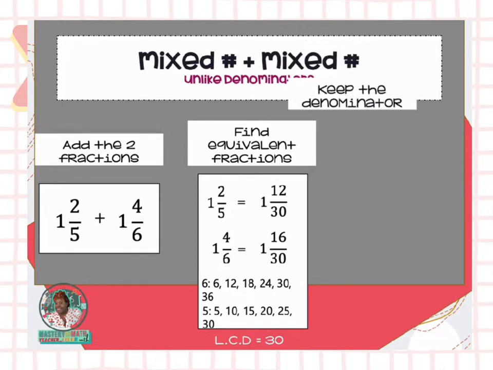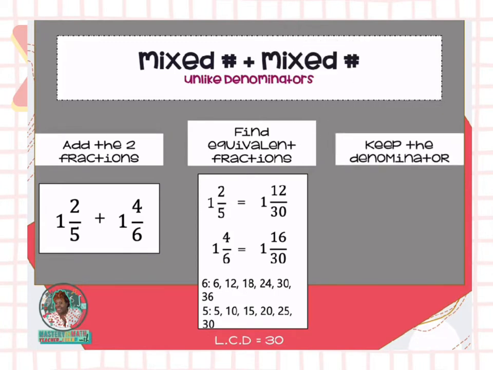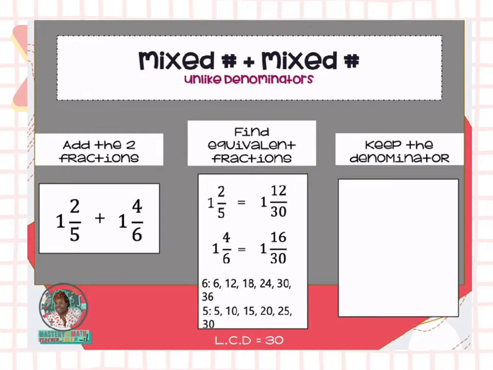What do we do now? Now we need to work with our new fractions, and because they have the same denominators, we're going to keep them. Focus on our numerators. So you have 12/30 plus 16/30. That's equal to 28/30.